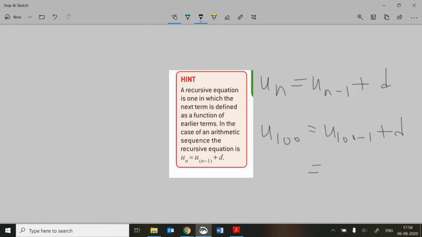So, for example, if the 99th term was, I'm just making this up, 297, and the common difference is 3, that would be taking us to our 100th term, which would be 300. Which would in fact be defining the 3 times table in that case. That might turn up later.